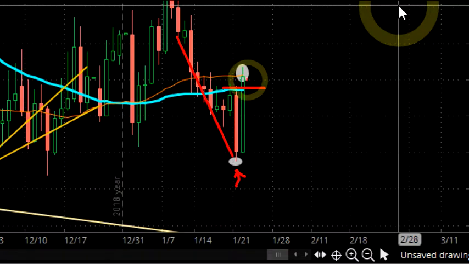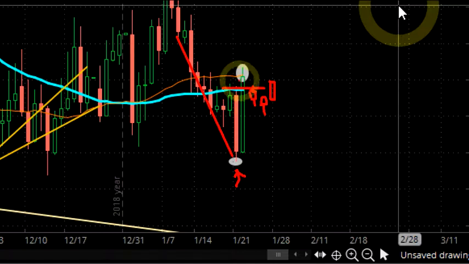Now, Monday we could gap down into here and then rally the next day, maybe something like this, and then rally the next day. So we've had another pullback. We've had a pullback to a higher low.